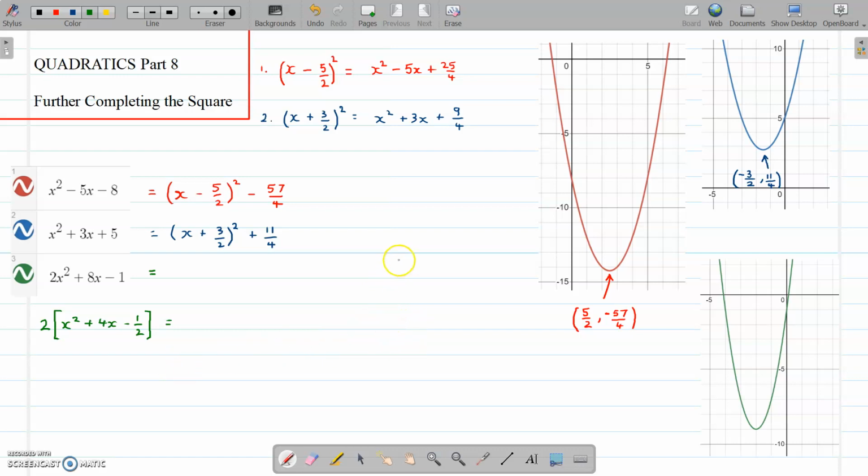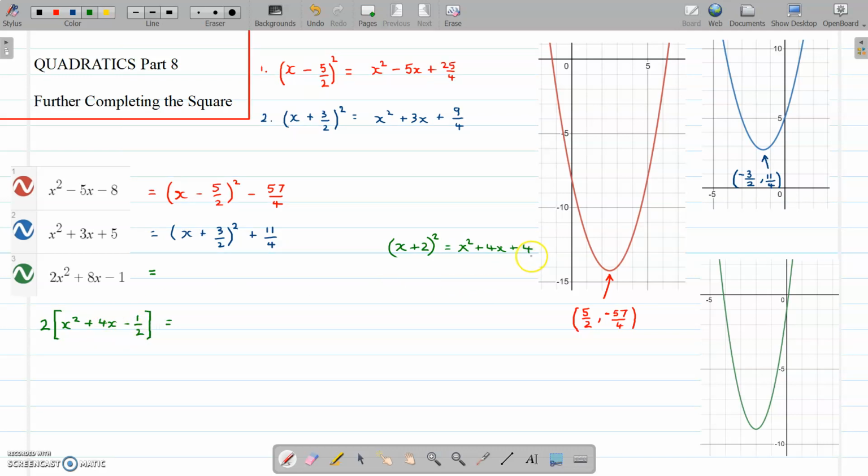Everything in green is to do with this question. x plus 2 all squared gives me x squared plus 4x plus 4.